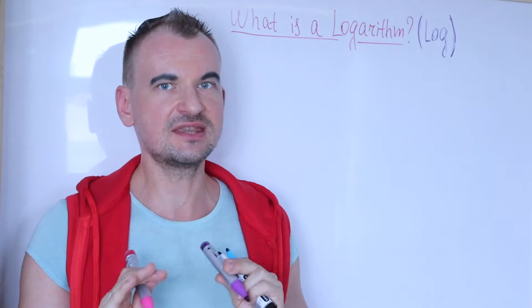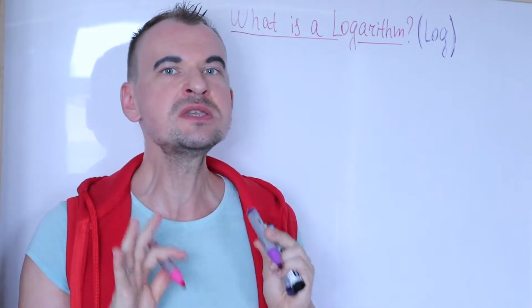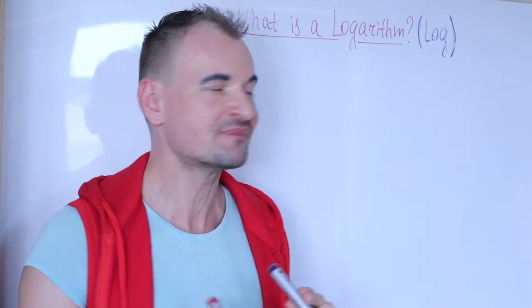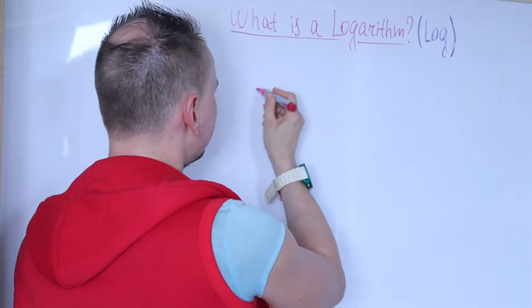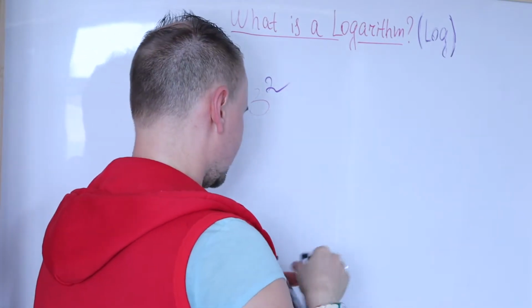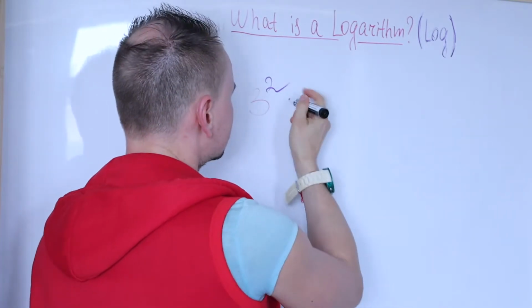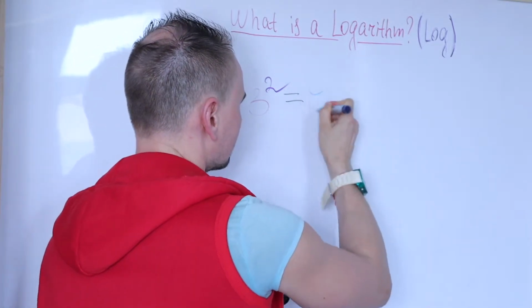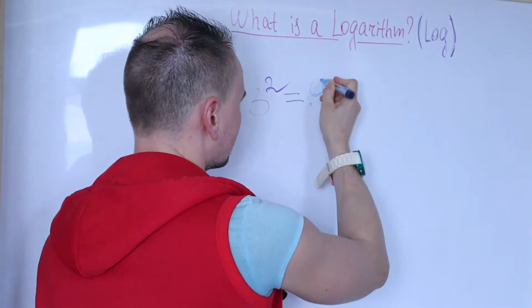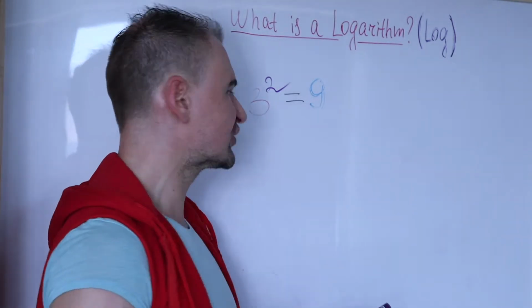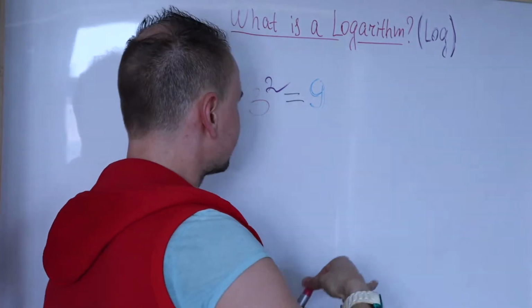Before I dive into this, let me get to powers or indices, which are basically related to logarithms. Say you have 3 squared equals 9. This 3 is known as a base.